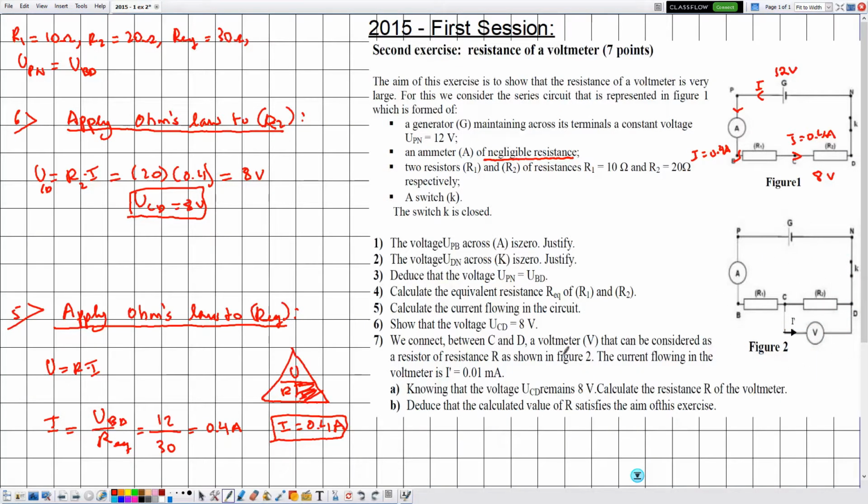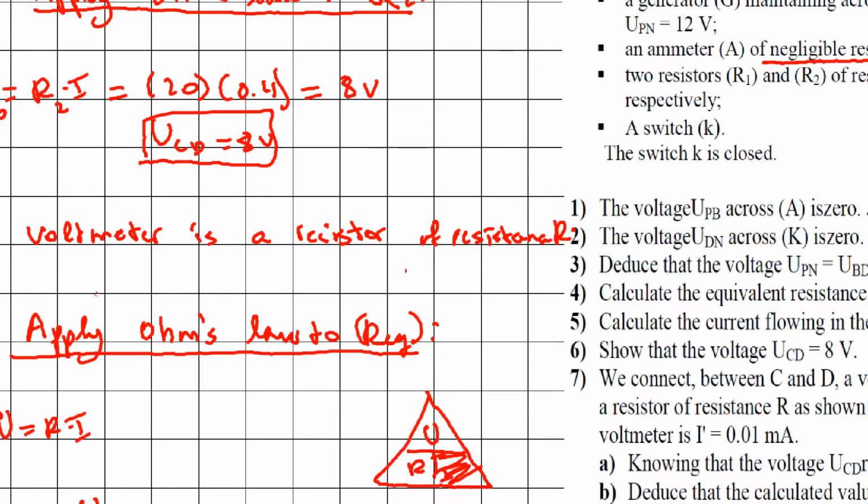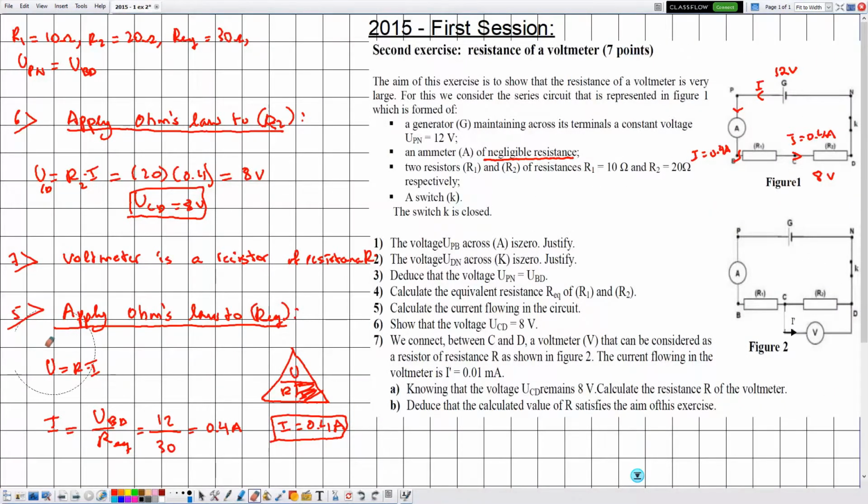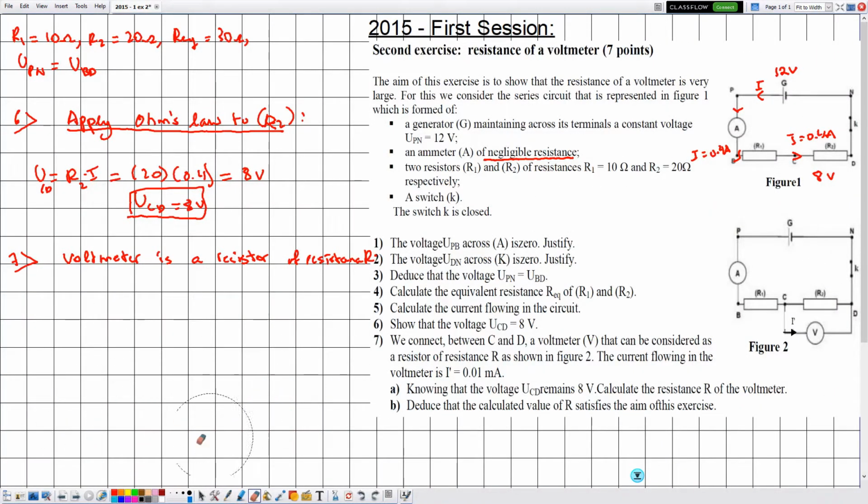Here they are telling me that the voltmeter can be considered as a resistor of resistance R. And this means that we can apply Ohm's law to the voltmeter, sorry. The current flowing in the voltmeter is I prime is equal to 0.01 milliamperes.